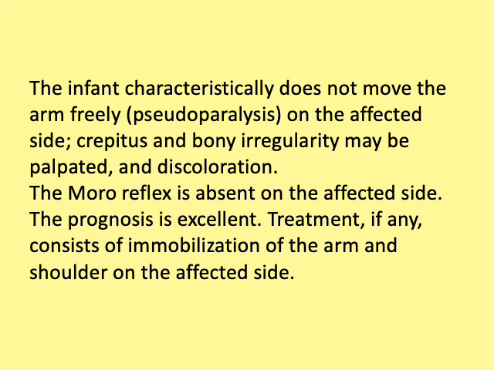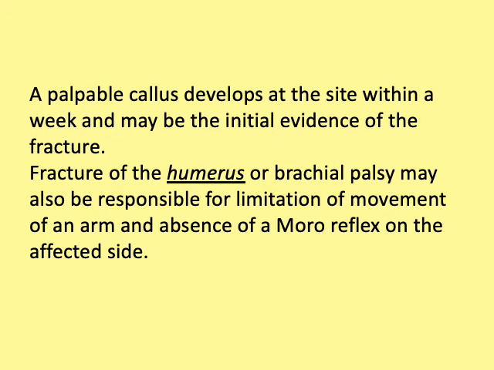Otherwise, it doesn't need any actual treatment. Some clavicle fractures might go unnoticed and they will manifest themselves as a callus or a palpable mass over the clavicle seen weeks after healing.